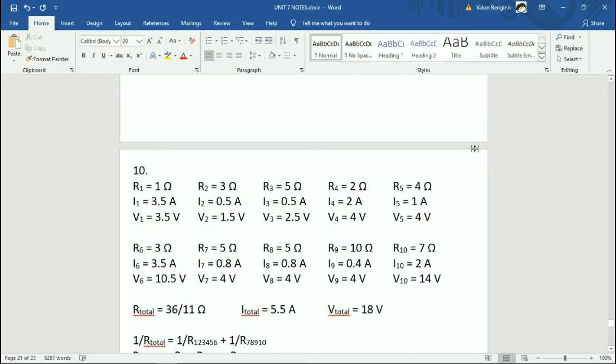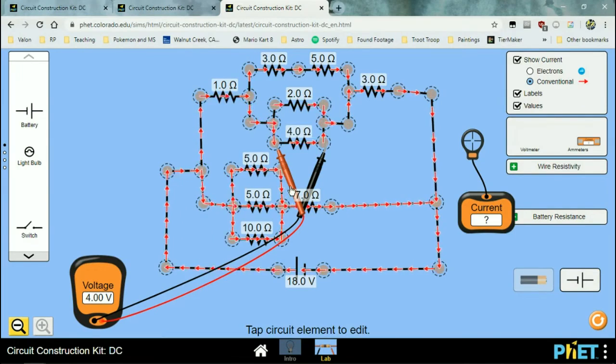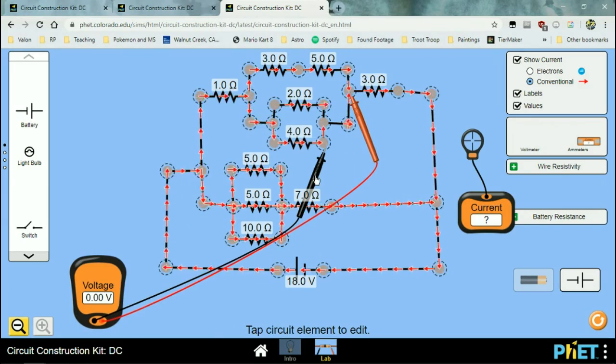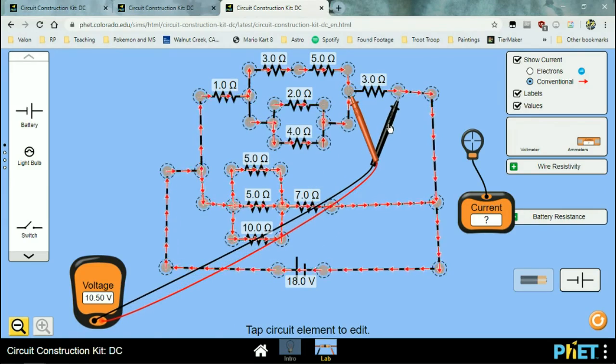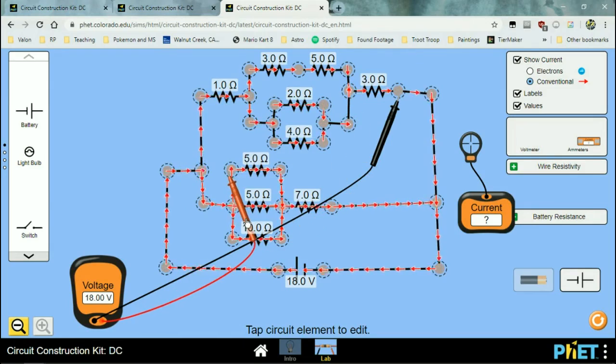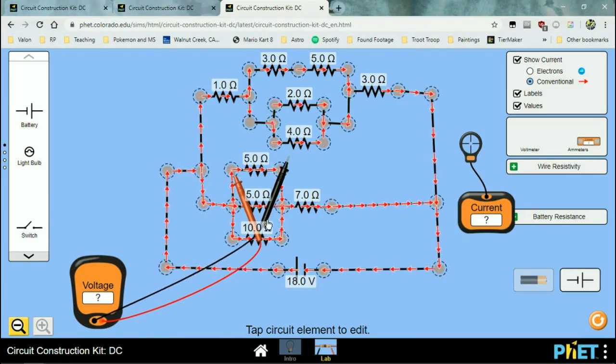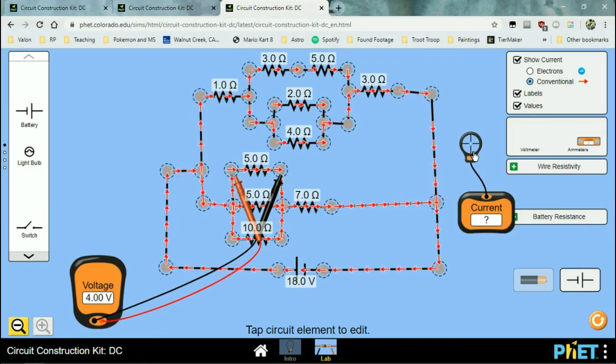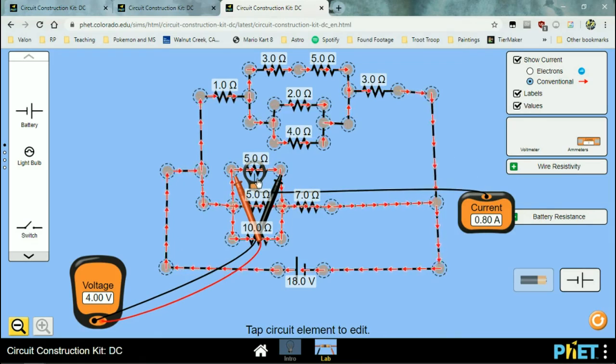Okay. R6, 10.5 volts and 3.5 amps. Okay. R7, 4 volts and 0.8 amps. 4 volts, 0.8 amps.